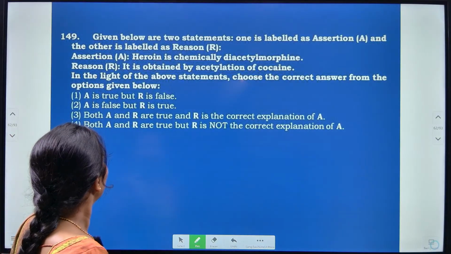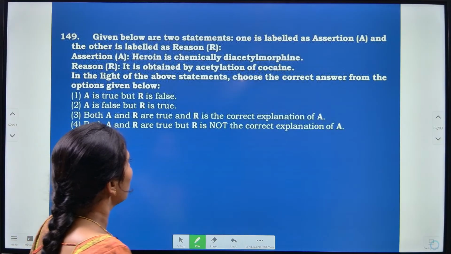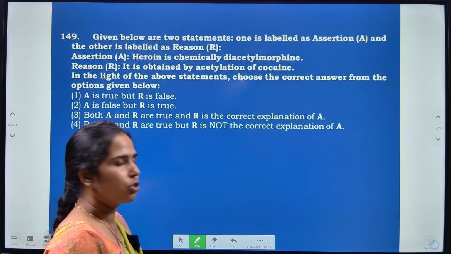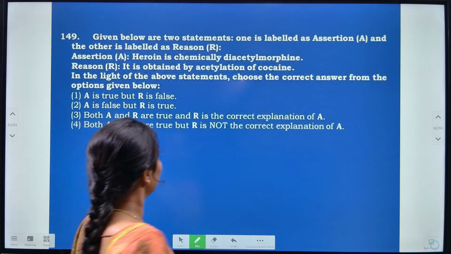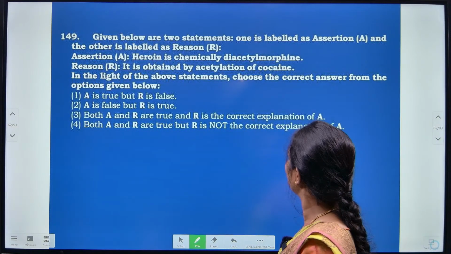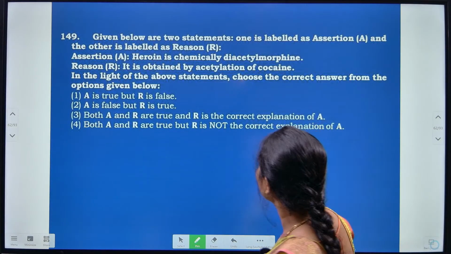Second one, 149. Given below are the 2 statements. Again it is a question of assertion and reason here. Let us see the assertion. Heroin is chemically diacetylmorphine. The reason given is that it is obtained by the acetylation of cocaine.